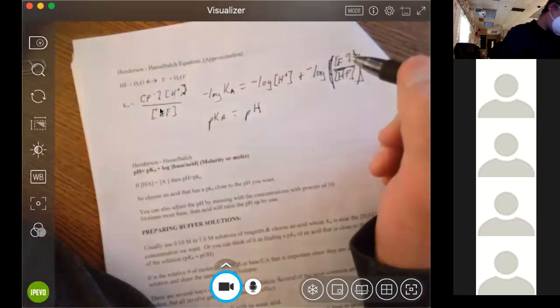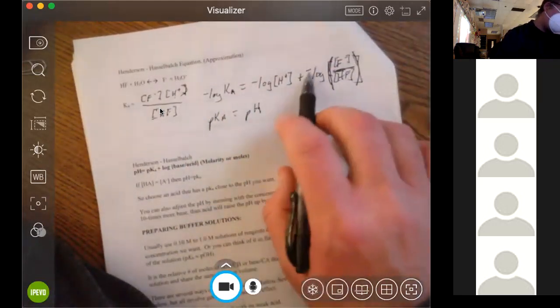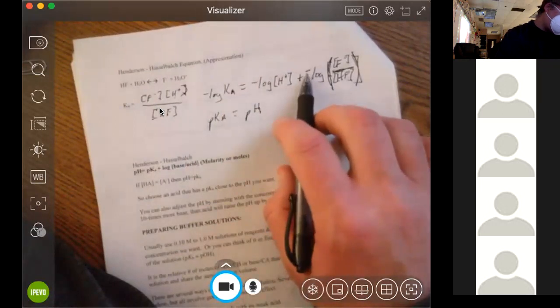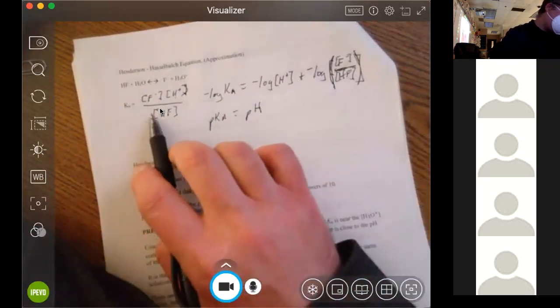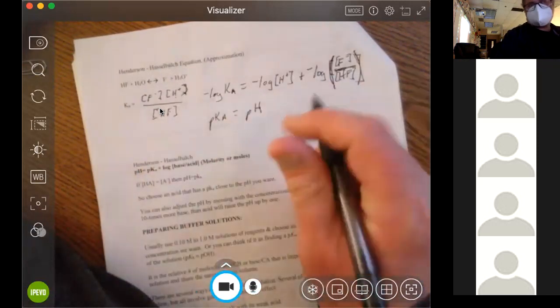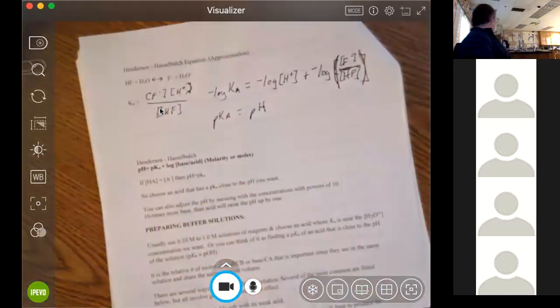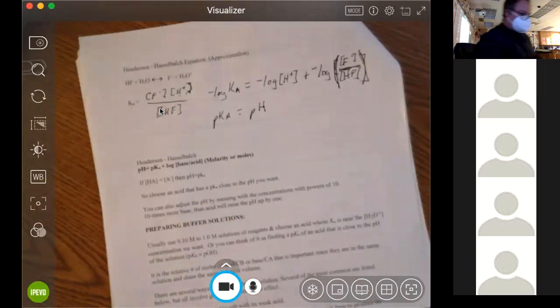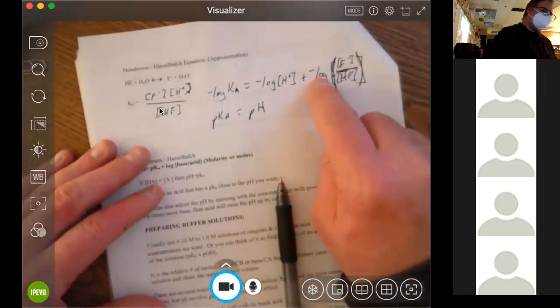And then we're stuck on this again. I'm trying to think. Is it because this is division? Do you remember? No, the log math. It's minus the negative.